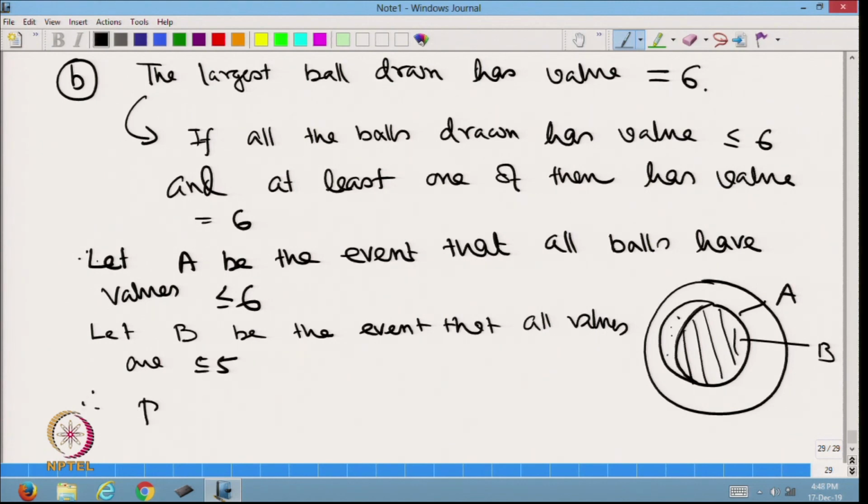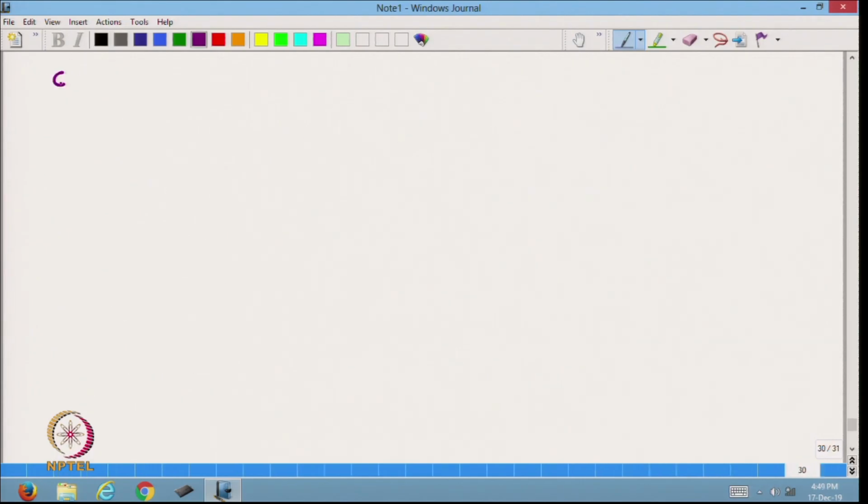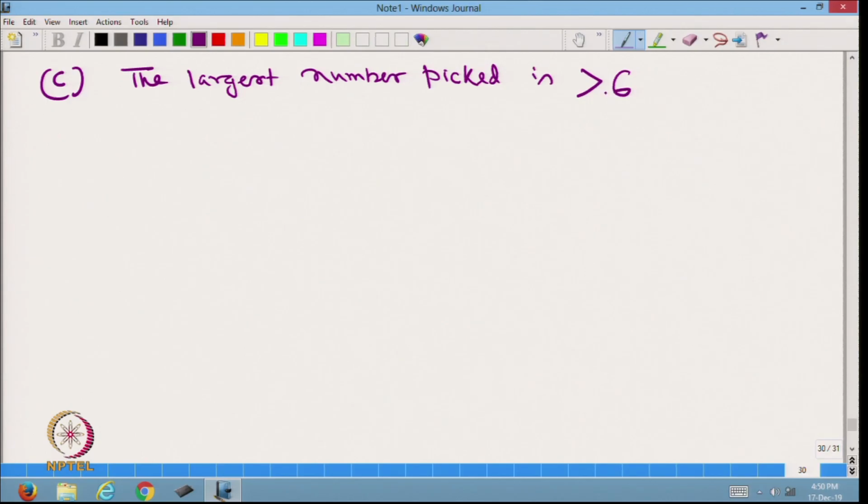Therefore, the probability of the event B is equal to 0.6 whole to the power n minus 0.5 whole to the power n. See, the event C is that the largest number picked is greater than 6.